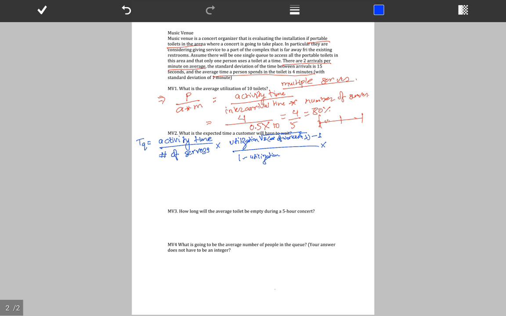And the third part is not changed: CVa squared, the coefficient of variation of arrival squared, plus CVp squared, divided by 2.